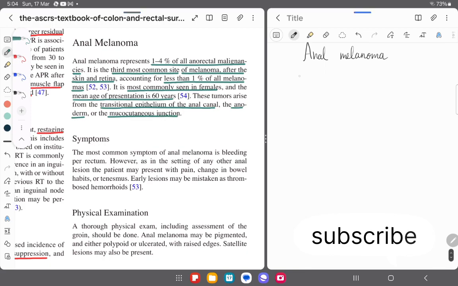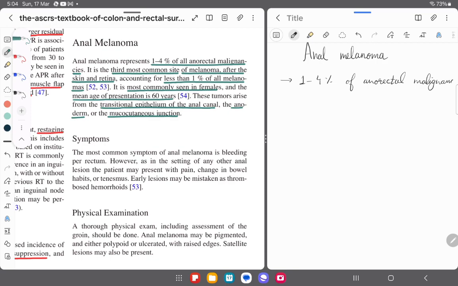So anal melanoma, 1 to 4% of anorectal malignancies. Third most common site of melanoma.